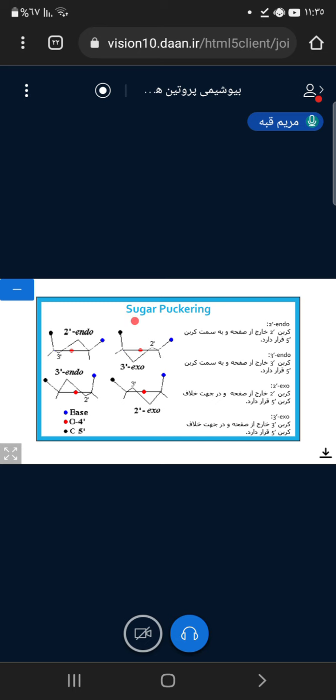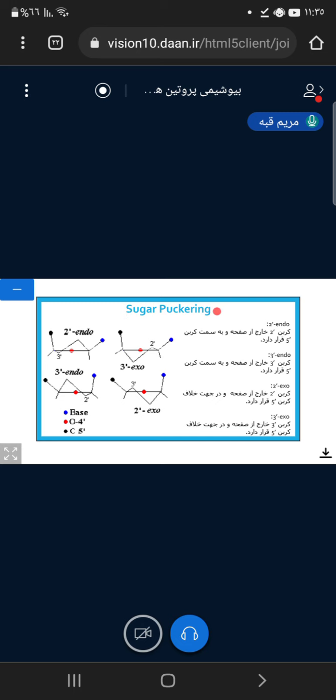The pentose sugar can take different conformations in the nucleic acid. قند ما کانفورماسیون های مختلفی رو در اسید نوکلئیک به خودش میگیره. به کانفورماسیون های مختلف قند میگن sugar puckering.